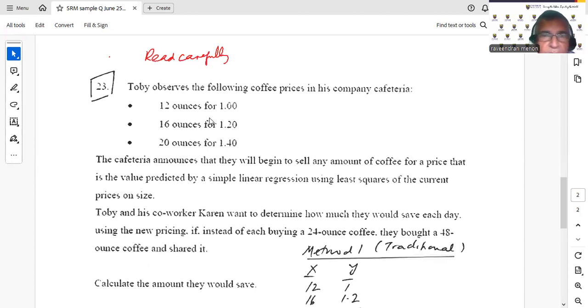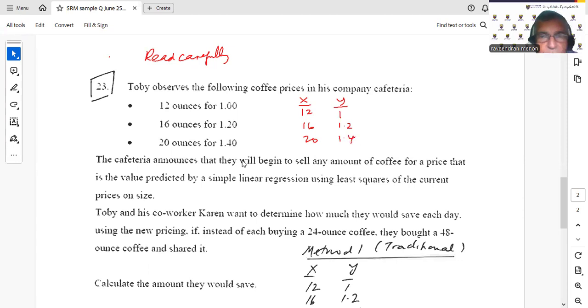So we have the explanatory variable and the response variable. Let's write those out first. I've written it out in my solution, but let's do it. The explanatory variable: we have 12, 16, and 20. And the response variable, we have 1, 1.2, and 1.4.